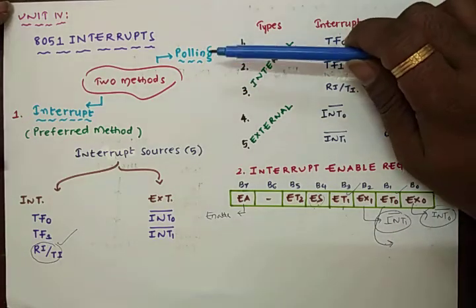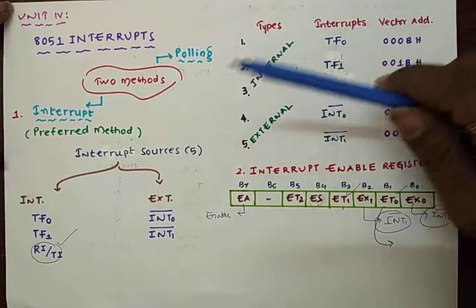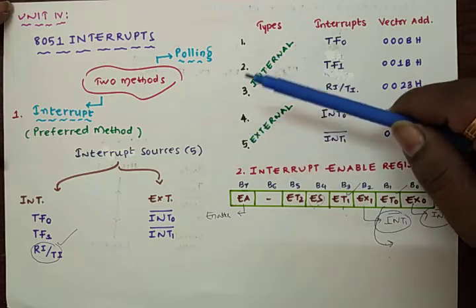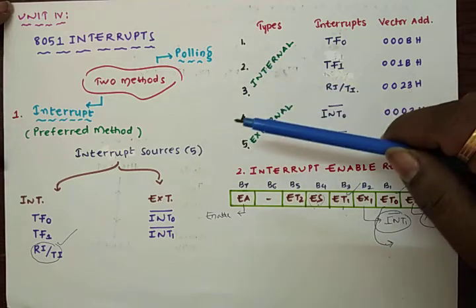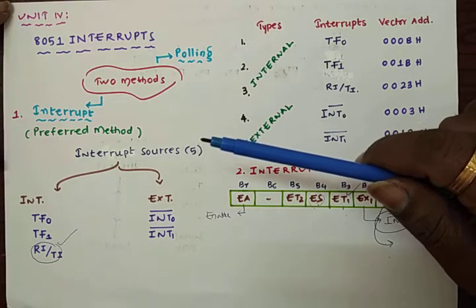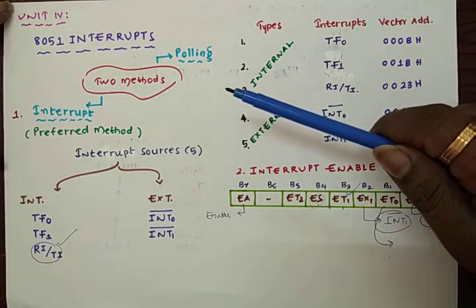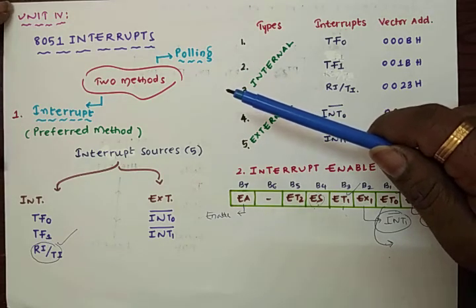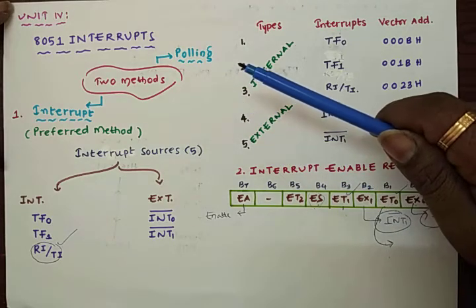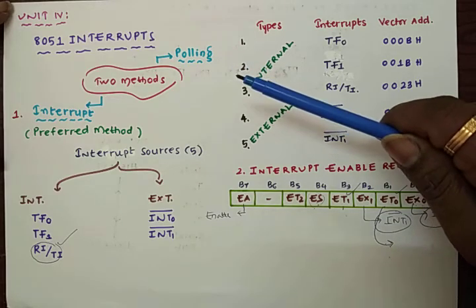In the polling method, the 8051 microcontroller keeps checking whether any input-output device needs service or not. Continuously it checks each and every input-output device interfaced with the 8051, so that it comes to know whether any device needs service.